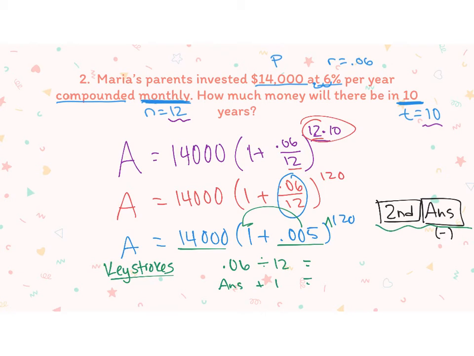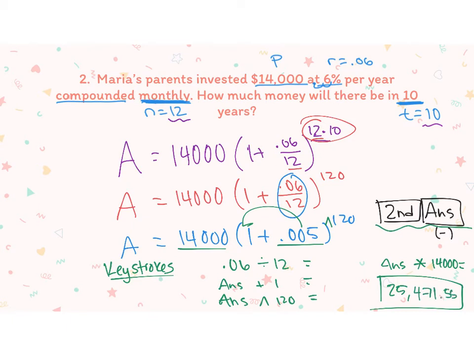Then I do that answer raised to the 120th power, hit enter. Then I do that answer times the 14,000 and hit enter. And that's where I get my amount, which in this case is $25,471, and this is money, so I'm going to call it 55 cents.